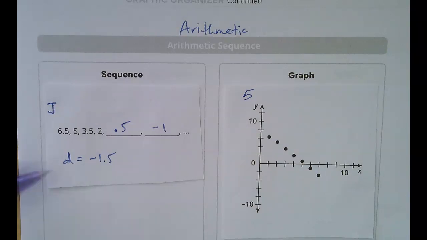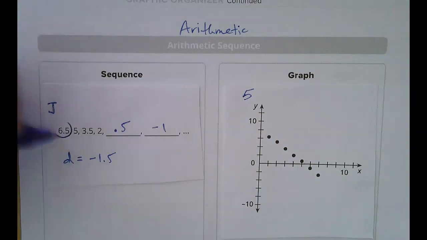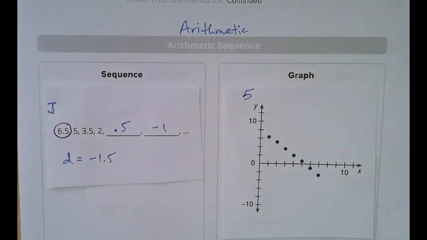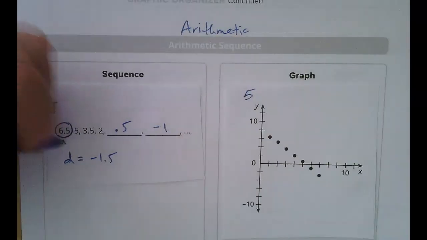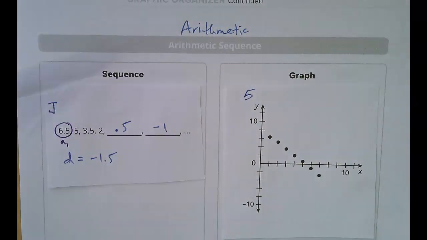To write the formula for this sequence, we will need to know this D value, but we'll also need to know the first term of the sequence, which in this case is 6.5. So we're going to be referring to this first term as A sub 1, and that just means the first term in an arithmetic sequence.